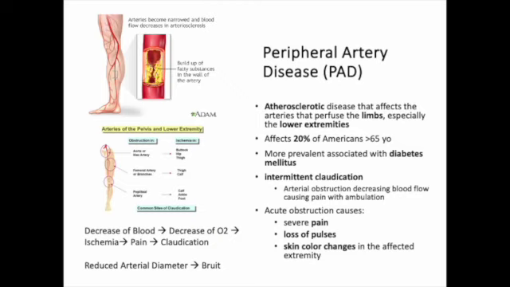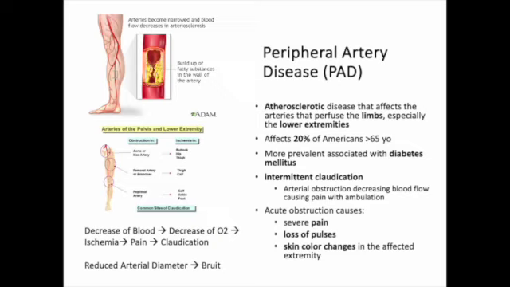Most of these patients need education on smoking cessation, especially those with diabetes. PAD is a significant predictor of systemic atherosclerotic disease, and patients in the US who have PAD have nearly double the risk of coronary artery disease compared to those who do not have PAD. Okay, so you're more at risk.